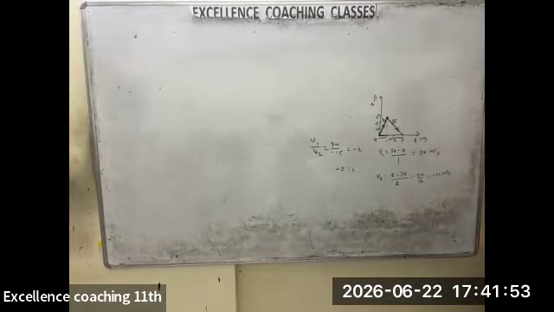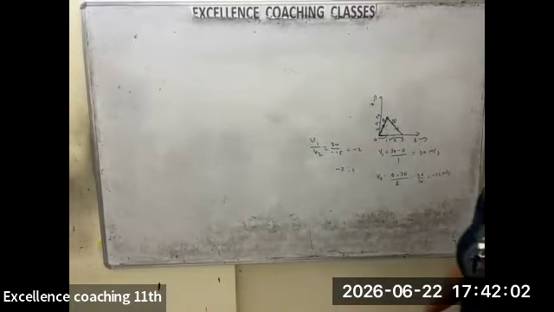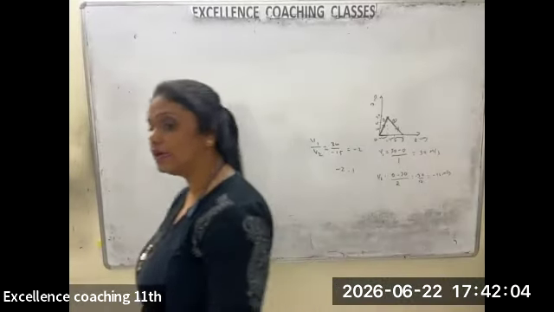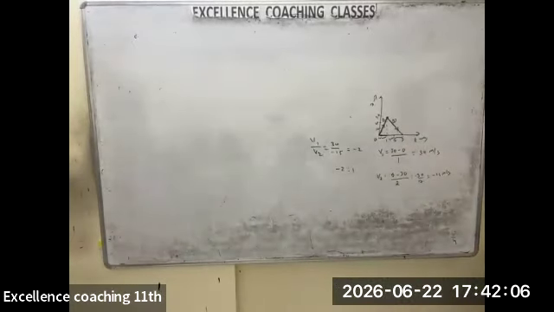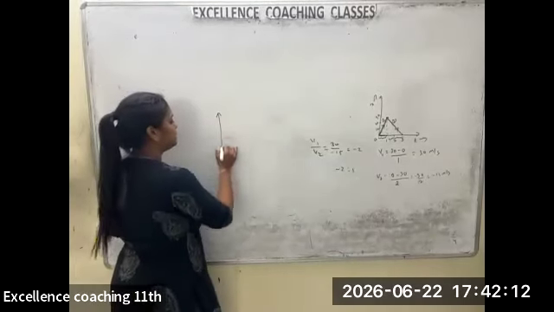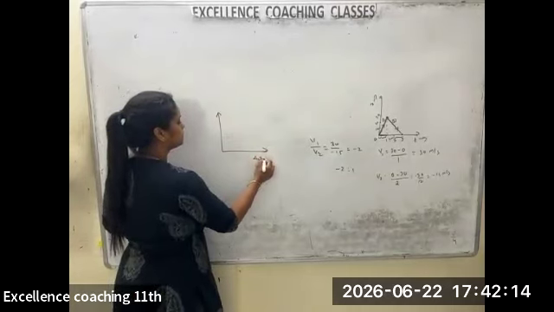Okay, last one. From the following displacement time graph, find the velocity of the moving object. Displacement time graph, you have to find velocity, but look at the diagram carefully. Don't just jump to the conclusion there.